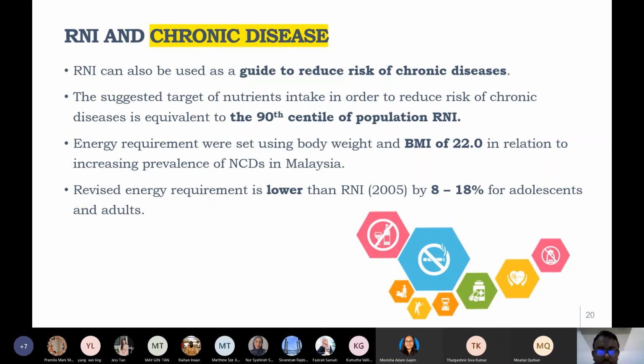So we do not want to set a higher requirement, and then there will be excess intake, especially for energy intake. So the revised energy requirement is actually lower than RNI 2005 when we use the new approach of BMI 22. The energy requirement is reduced by 8 to 18% for adolescents and also adults.